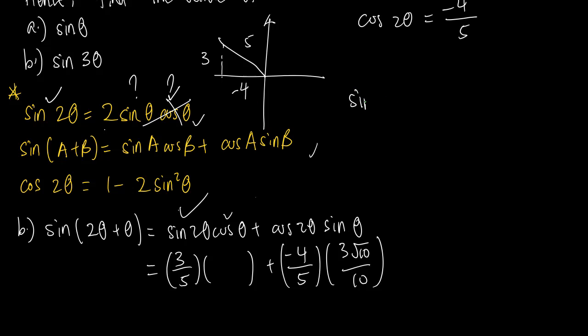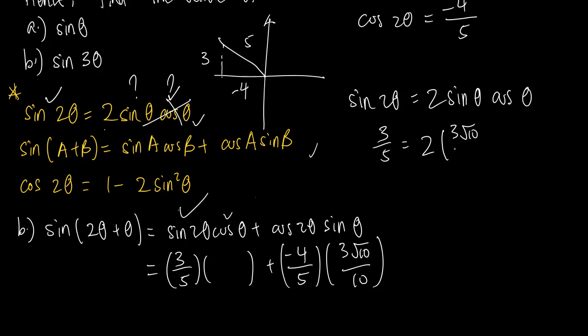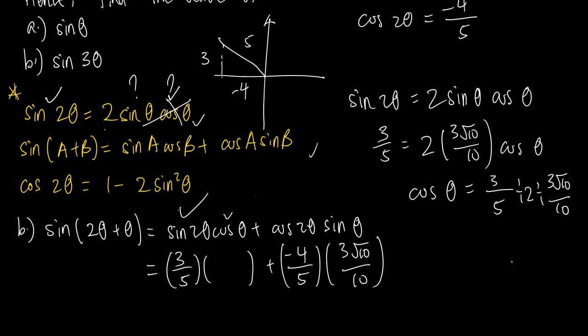So sine 2 theta is equal to 2 sine theta cosine theta, and we know that sine 2 theta is 3 over 5, and sine theta we have just found, which is 3 square root 10 over 10. We are left with cosine theta. So to find cosine theta, we just need to shift all the numbers away from it. You will have 3 over 5 divided by 2 divided by 3 square root 10 over 10.